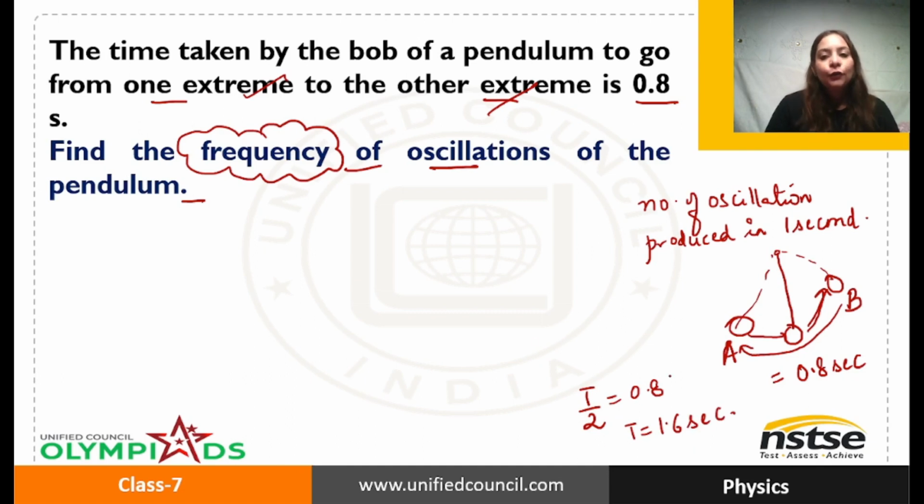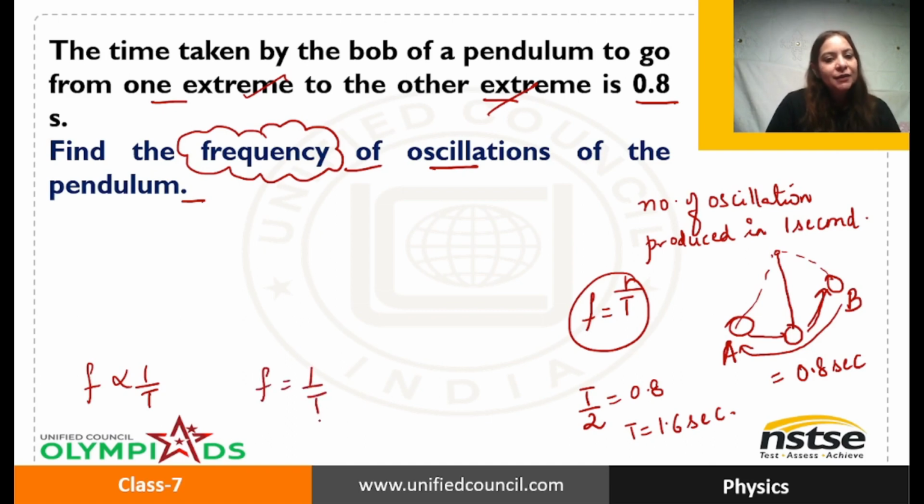Okay, now how are we going to find the frequency? Frequency and time period are related to each other. Frequency is inversely proportional to time period, right? So we can write that frequency is inversely proportional to time. This is the relation.